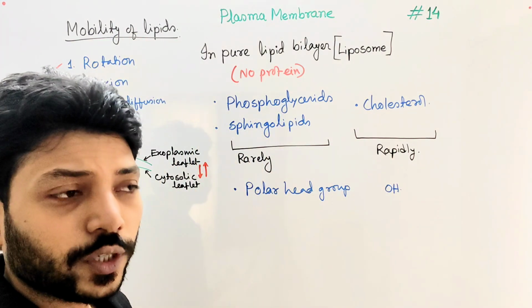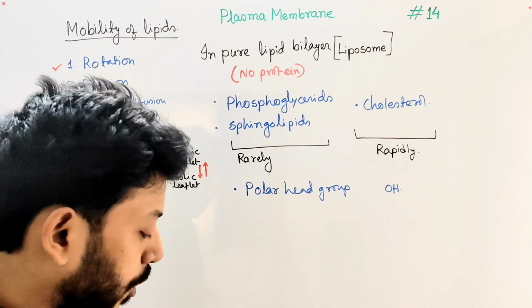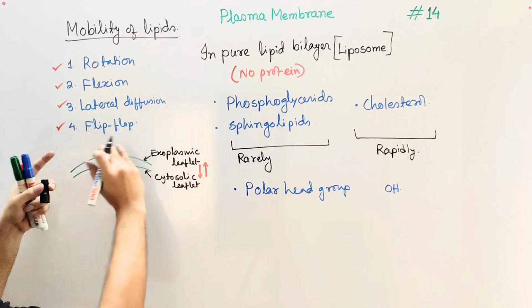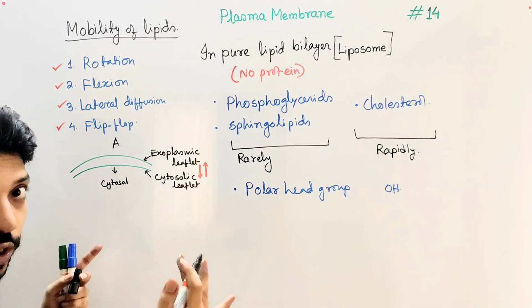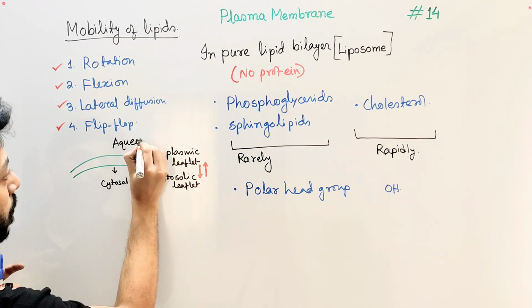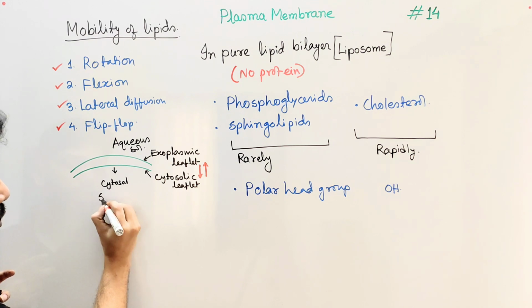Now, why is the polar head group important for this flip-flop movement? Because we have to understand that the outer portion of the cell is actually aqueous solution. And also the cytosol is actually aqueous solution.